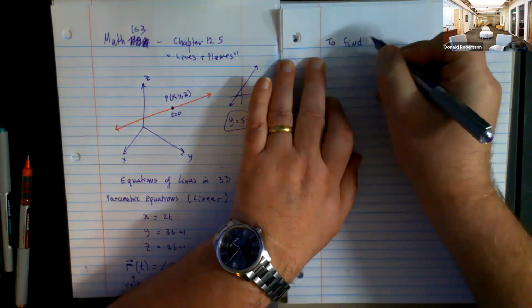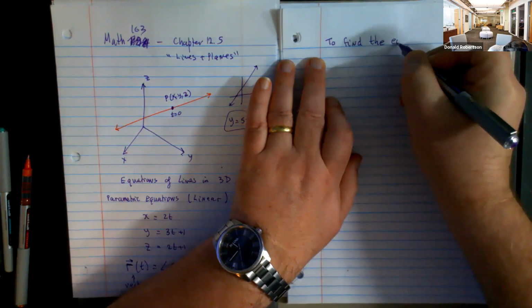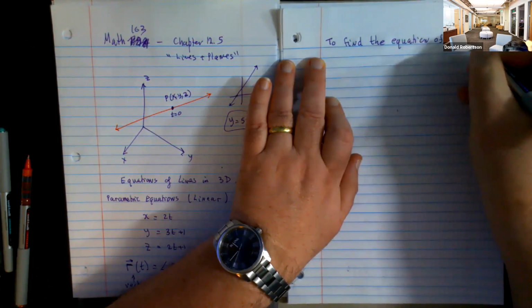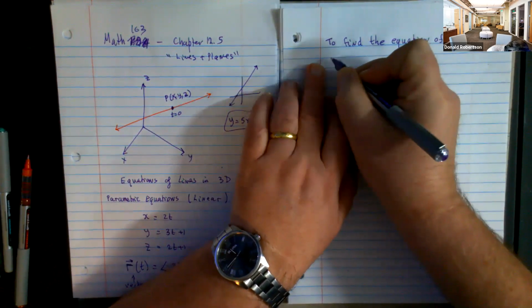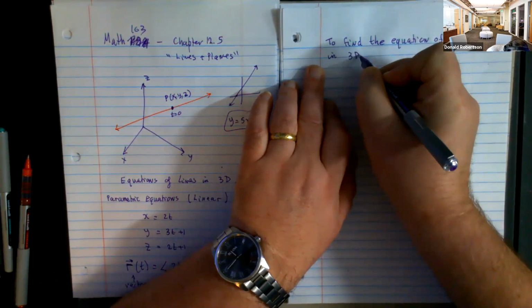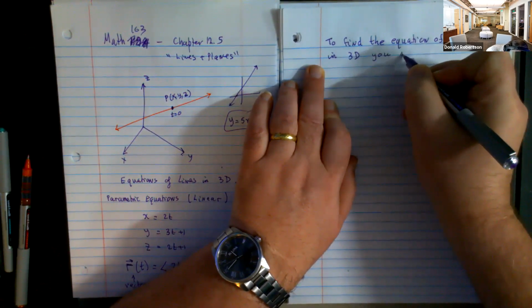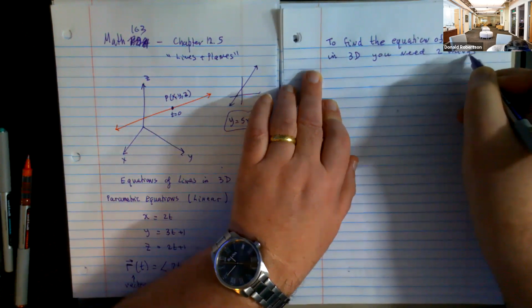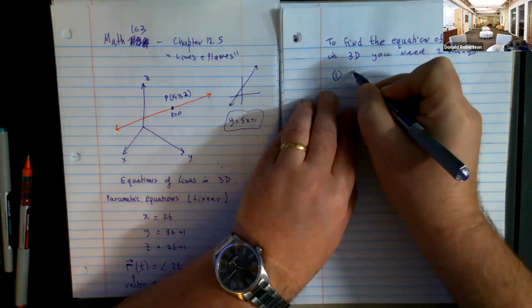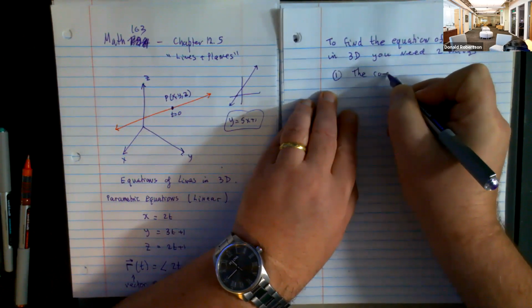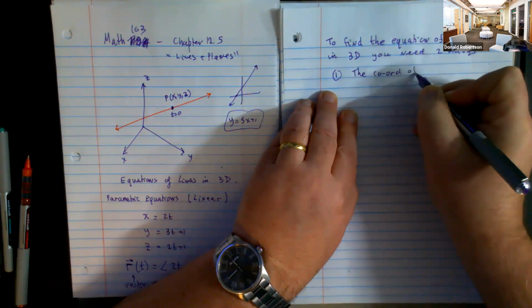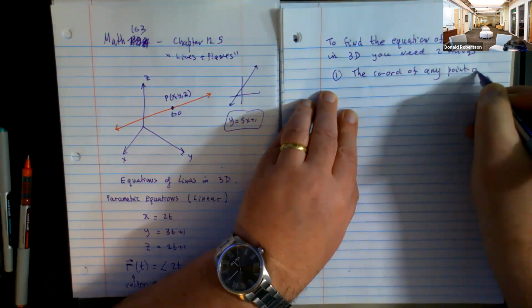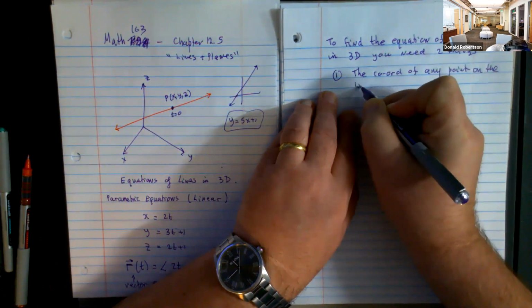To find the equation of a line in 3 dimensions, you need 2 things. 1, the coordinates of any point on the line.